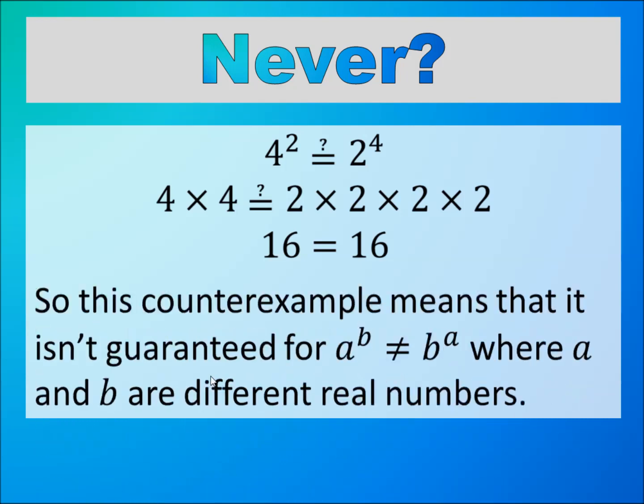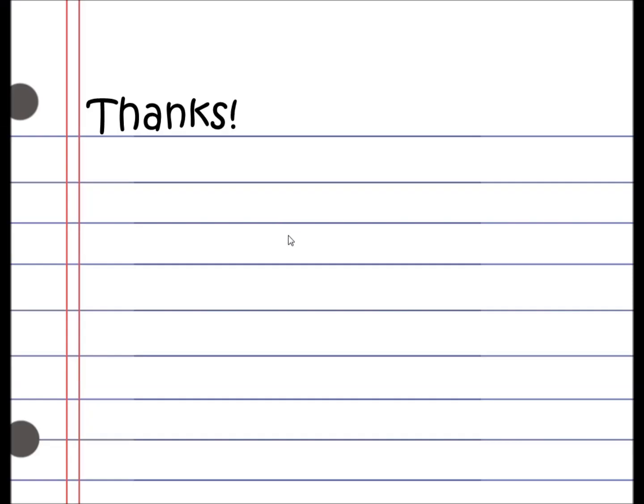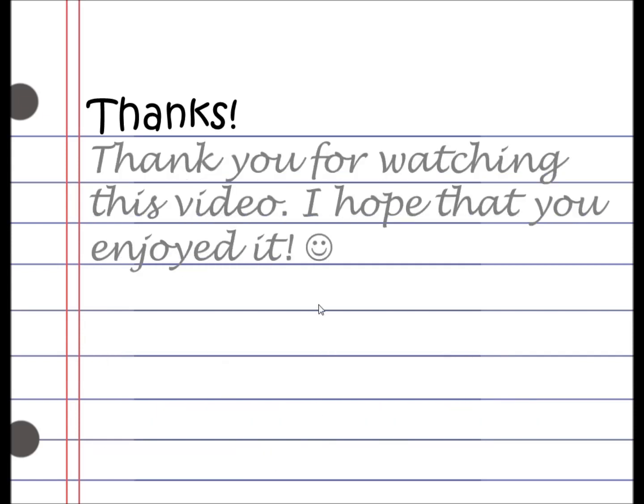So this counterexample means that it isn't guaranteed for a to the b to not equal b to the a, where a and b are different real numbers. A to the b equaling b to the a doesn't always happen, nor does it never happen. It sometimes happens. Thanks for watching this video, and I hope that you enjoyed it.